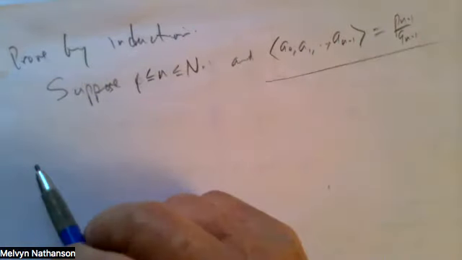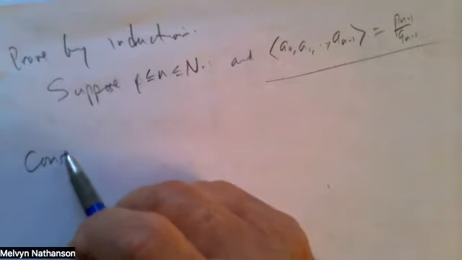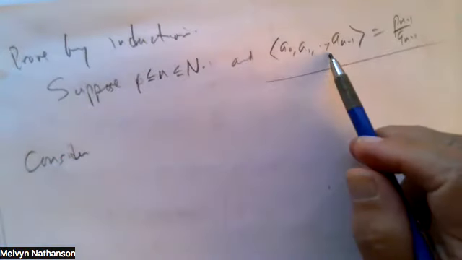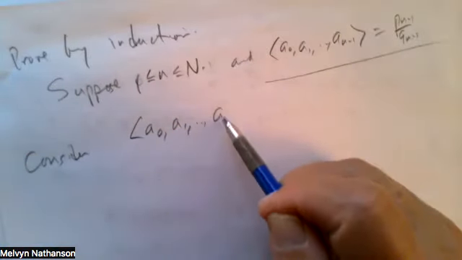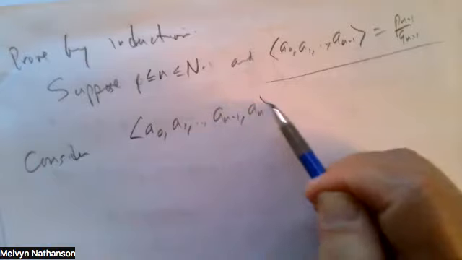So we assume this is true. And then we must consider the continued fraction where we add one more term, a0, a1, up to an minus 1, a sub n.